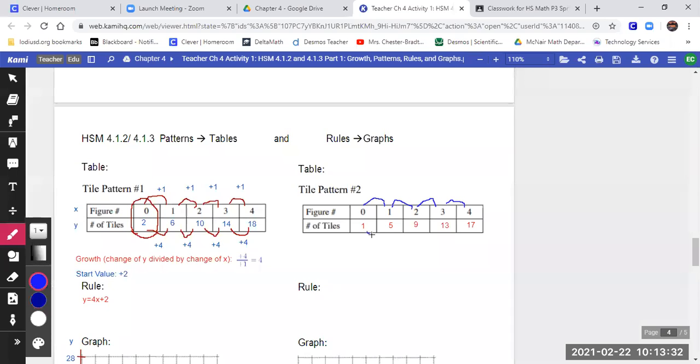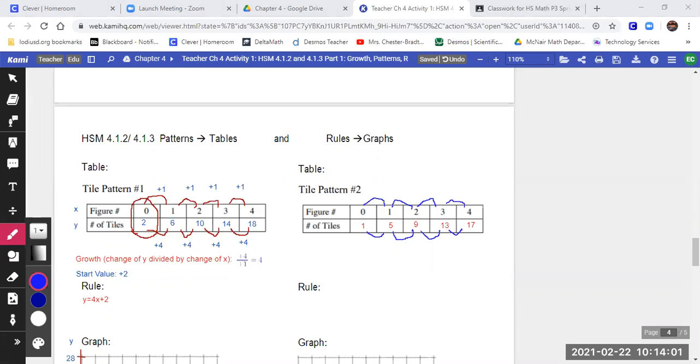Okay, now here's a question. Anybody notice anything between 1 and 2? Similarities between 1 and 2? Anybody see any similarities between 1 and 2?